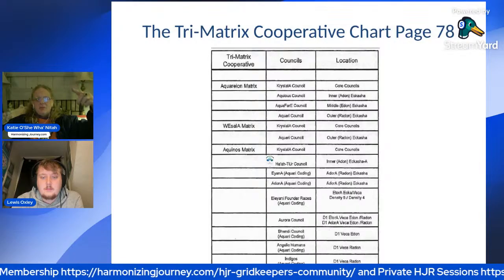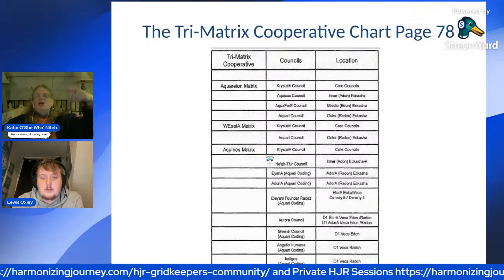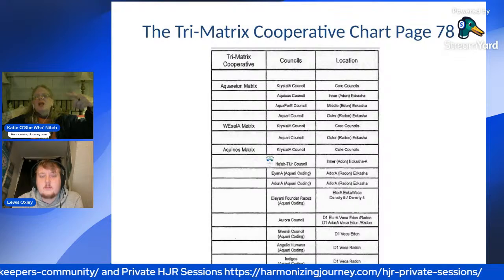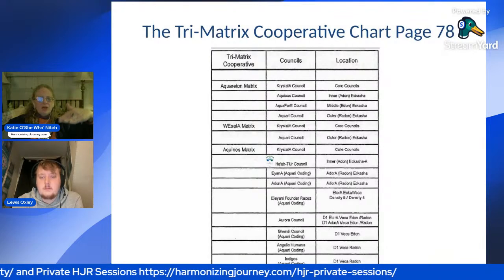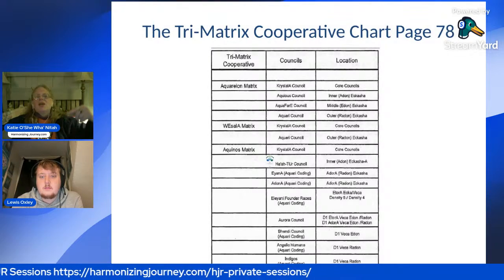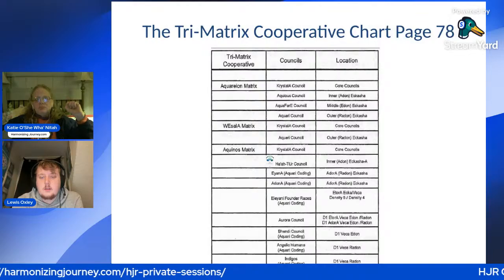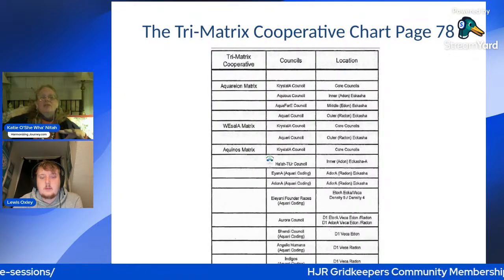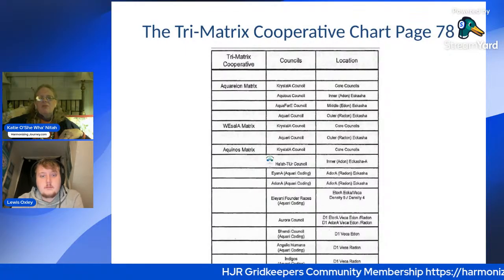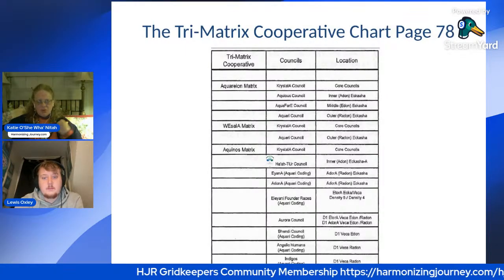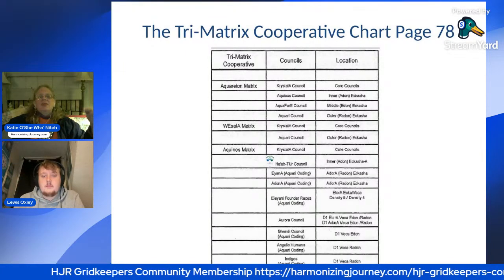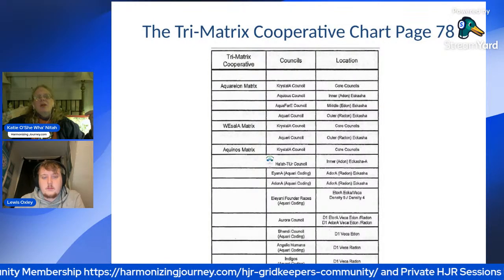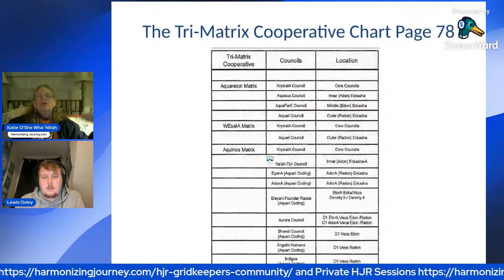Then you have the councils associated with those different cooperatives, and then the locations that they're connected into. Obviously for the Aquinas matrix we're going to have more, because that's in our system and that's more pertinent to us. So we just have a little bit on the Aquarian and the Wisale. So I think I'm saying that right, Aquarian matrix.